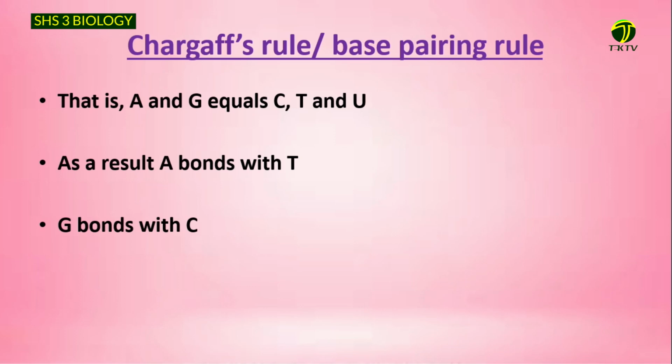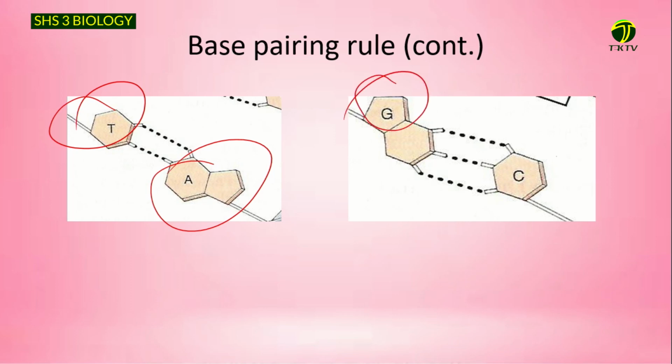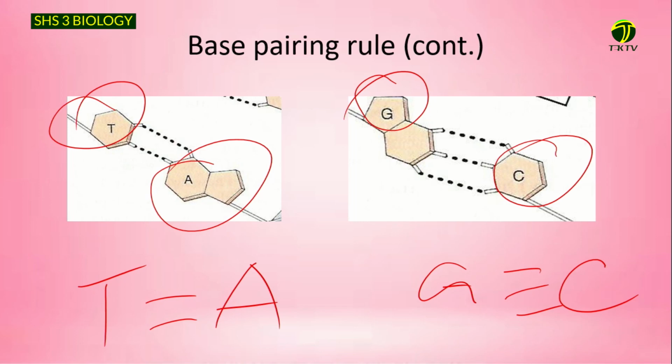The bond formed by A will be connected to T. Then the bond formed by G will be connected to C. So you see on the screen, thymine there bonded to adenine, then guanine there bonded to cytosine. So G to C, then T to A.